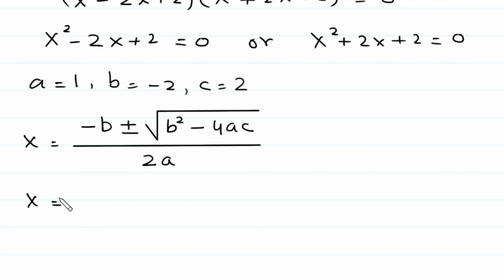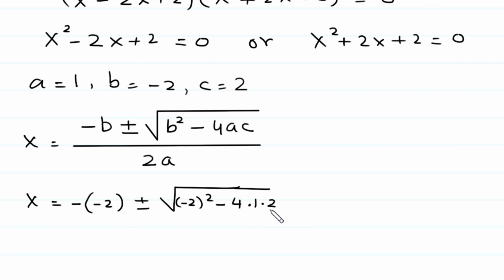x is equal to minus, and the value of b is minus 2, plus minus square root of b square, minus 2 square, minus 4 times value of a 1 times value of c 2, divided by 2 times value of a 1.